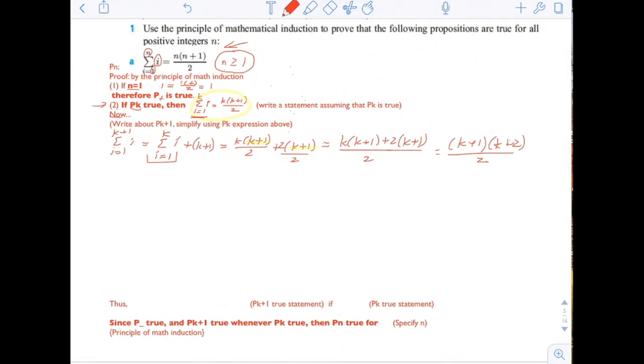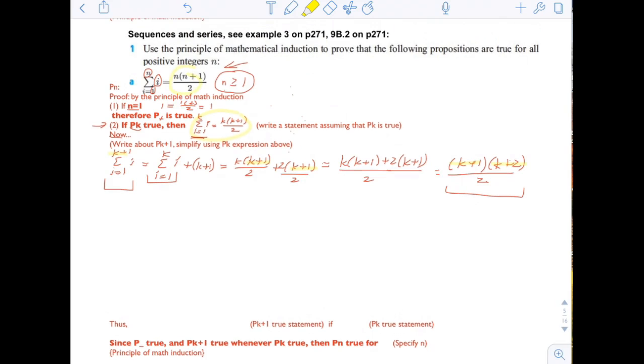And now I've actually proven it, because if you look at it, I got this, which is my left side expression. And look at this one. Do you see how if my n value is k plus 1, this would be n, and this would be n plus 1. So I have shown that this is true.